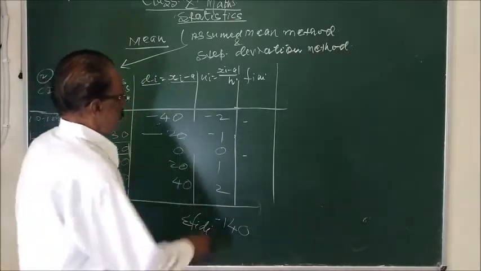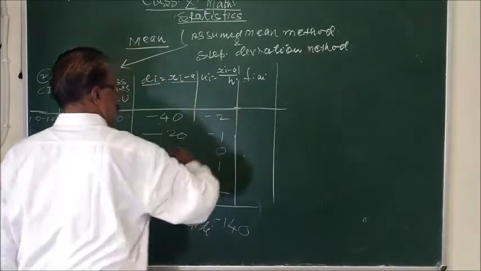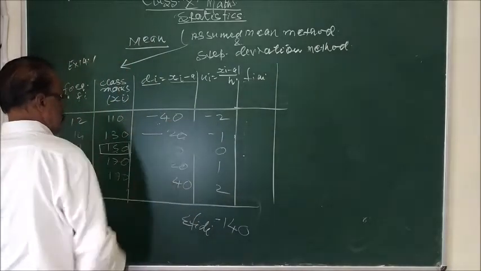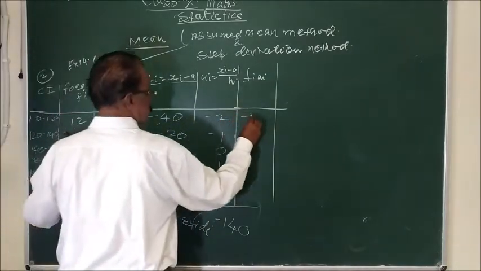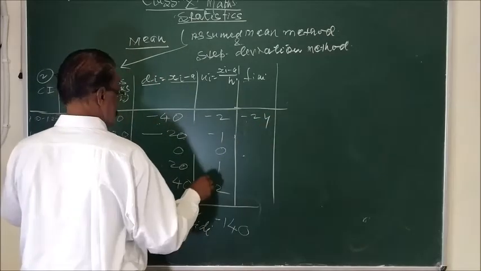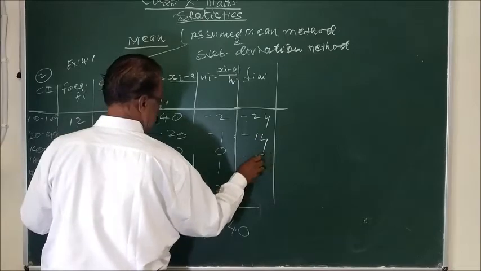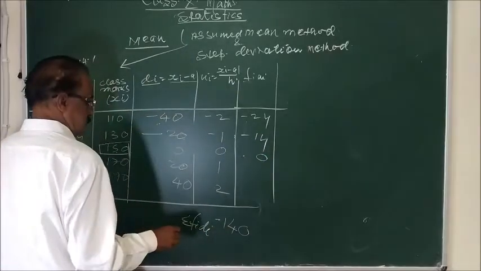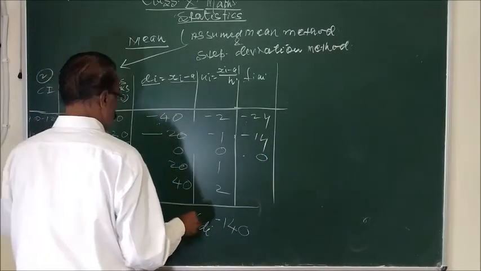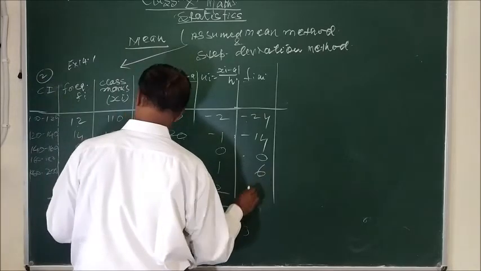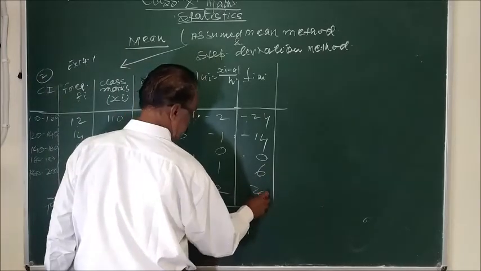This is ui, and now you find the product of the frequency and ui. 12 into minus 2, minus 24, right? This will be minus 14, 0, you know very well the product property of 0, you will get 0, 1 into 6, 6, 2 into 10, 20.